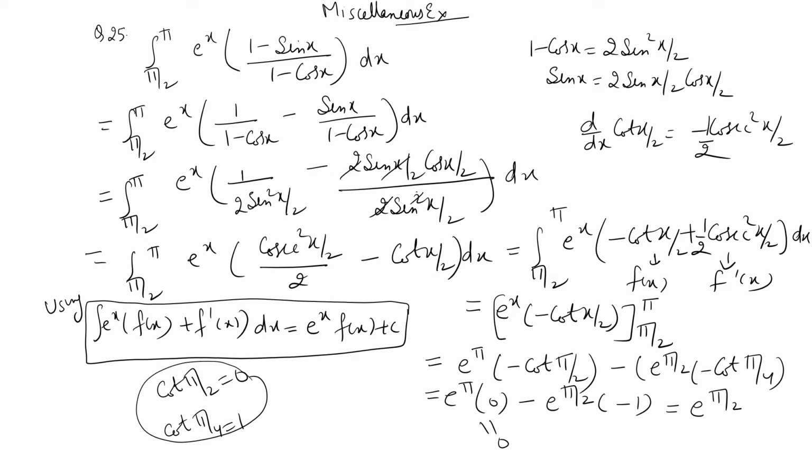This is how we apply this formula e raised to power x [f(x) plus f dash x] to evaluate those integrals which can be expressed in this form. By using this direct formula, we get the answer in the form of e raised to power x f(x) plus c in case the integral is indefinite, and by putting the limits, as we did in this question, as desired for the problem.